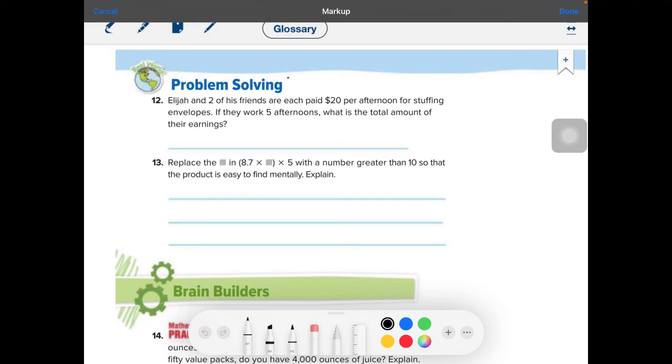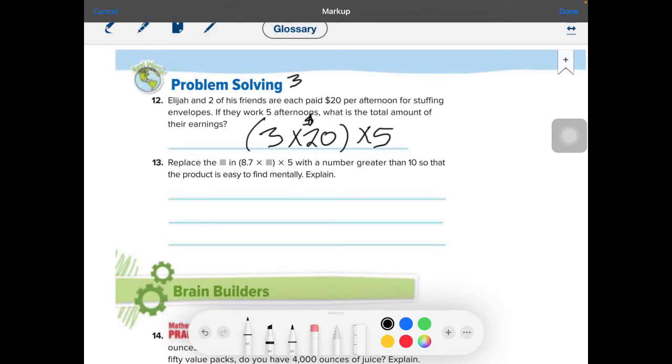Elijah and 2 of his friends, so how many bodies are there? That's right, there's 3 bodies, and they are each paid $20 per afternoon for stuffing envelopes. If they work 5 afternoons, what is the total amount of their earnings? Okay, so we have 3 people that are paid $20, and we're going to times that by 5.